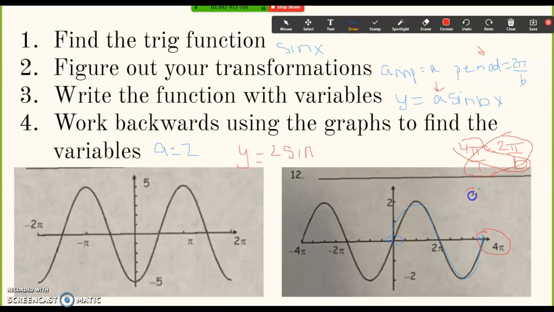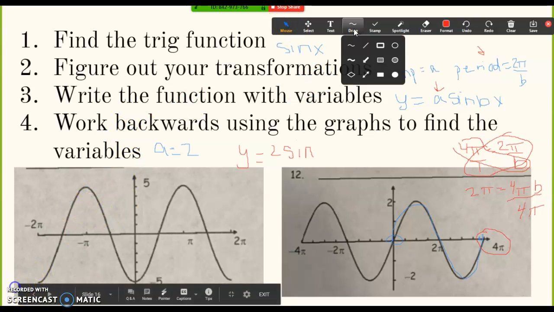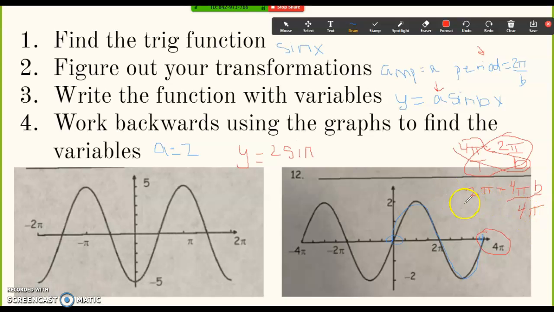So I would end up with 2 pi is equal to 4 pi B. And then to get B by itself, I'm going to divide by 4 pi on both sides. Notice the pi's cancel, and I'll end up with 2 over 4, which is just 1/2, and that would be equal to my B value.